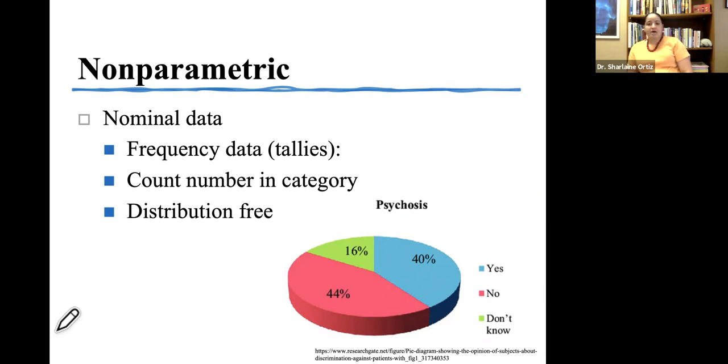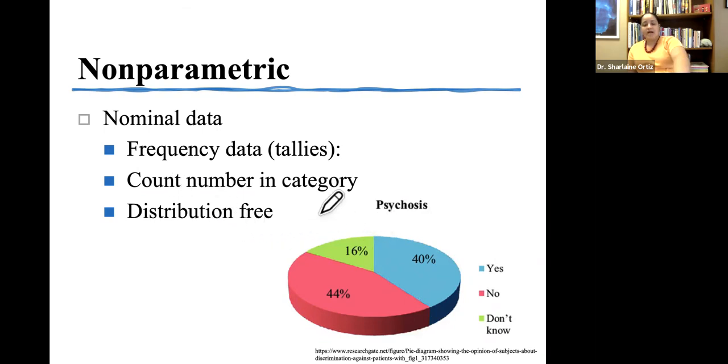They were asked about their own stigma, or their awareness, when dealing with individuals with depression and psychosis. Notice that about 44% of them said that there was no stigma when it came to working with a patient that has psychosis, versus 40% yes and 16% no.